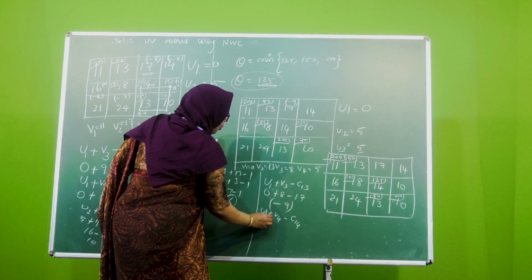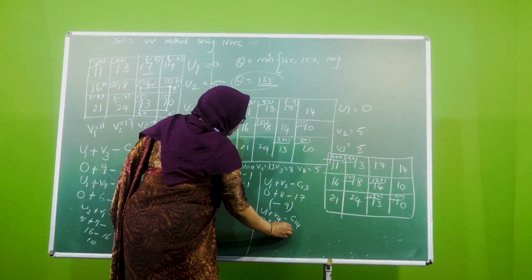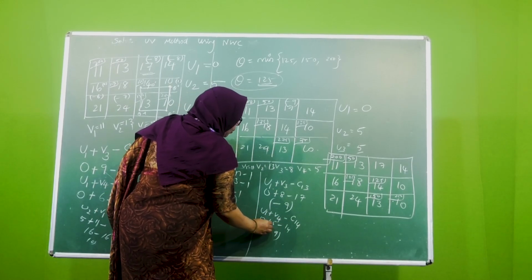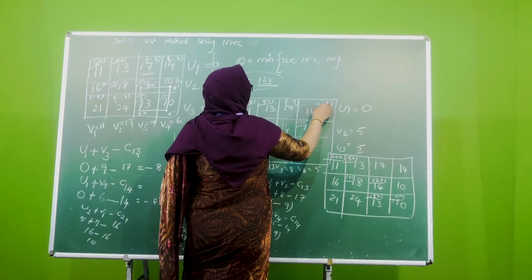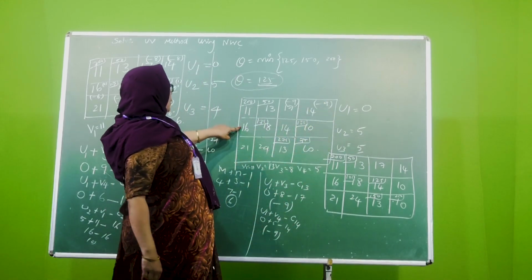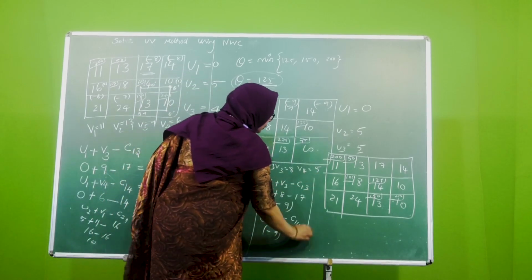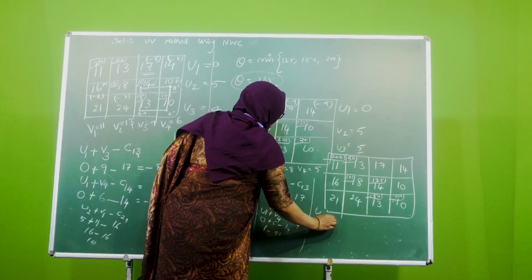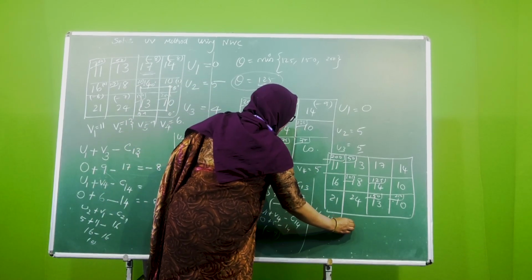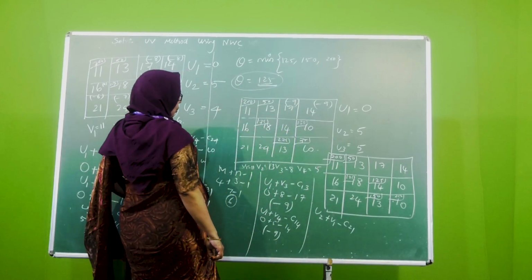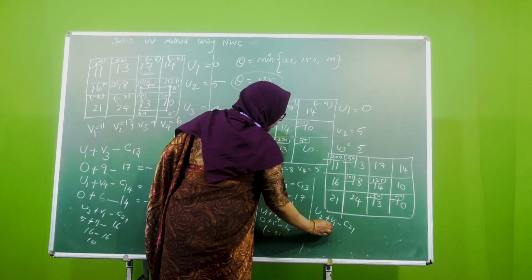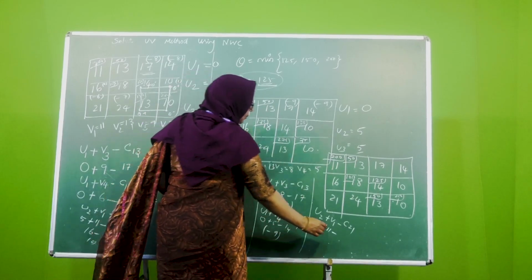That is 0 plus 5 minus 14. That is also minus 9. Next, u2 plus v1 minus c21. 5 plus 11 minus 16.